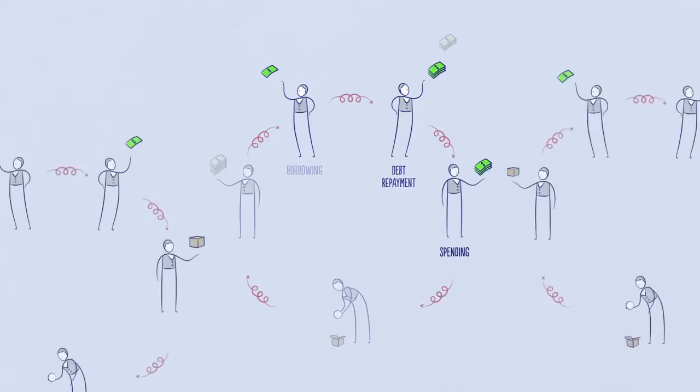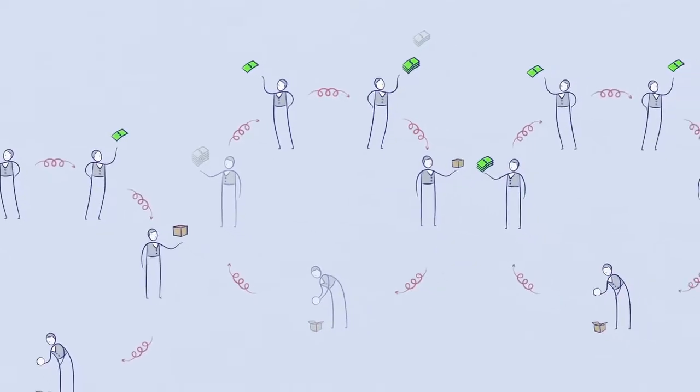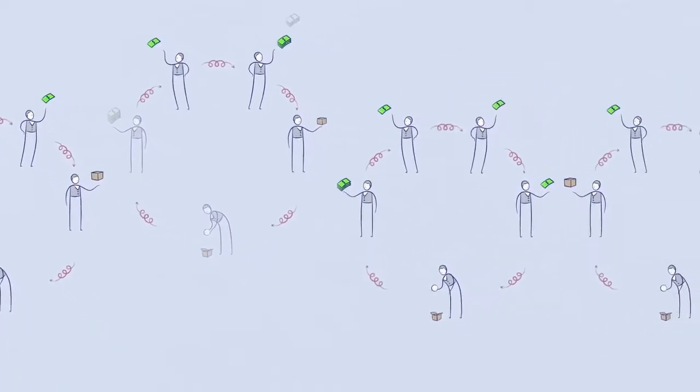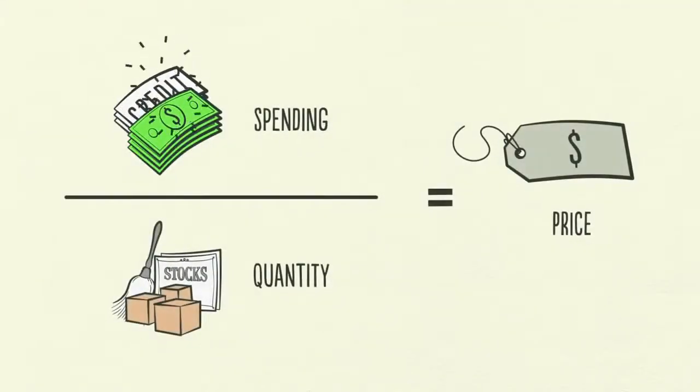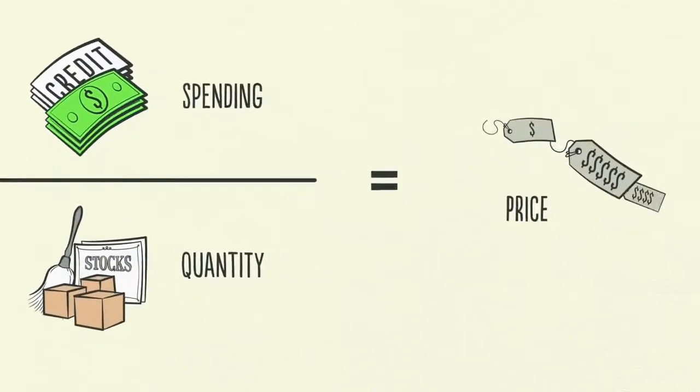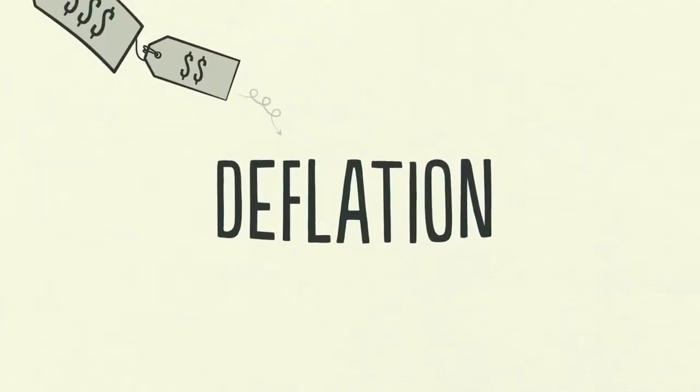Because people borrow less and have higher debt repayments, they have less money left over to spend, so spending slows. And since one person's spending is another person's income, incomes drop, and so on and so forth. When people spend less, prices go down. We call this deflation.